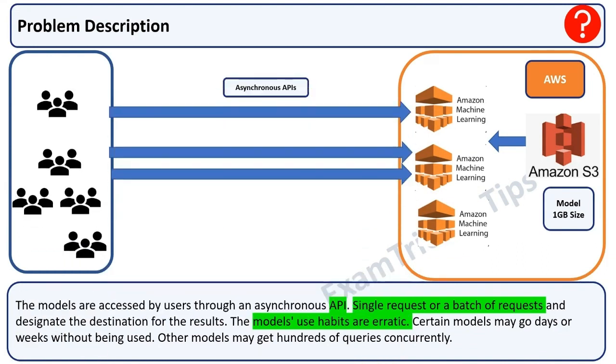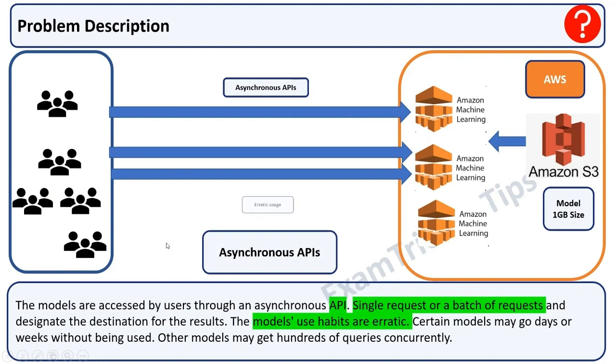And the users are using asynchronous APIs to access these models. The usage patterns and habits are erratic. As you can see, one model on the top is being used by, say, 3 users, whereas the models at the bottom are being used by a lot many users, whereas for the last one, nobody's accessing. So the usage pattern is erratic and is being accessed by asynchronous APIs.